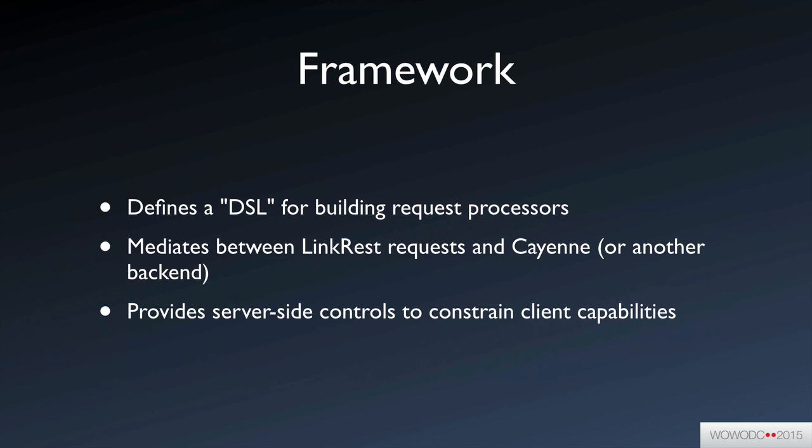Finally, it provides server-side controls to constrain client capabilities. And this is what I mentioned just a minute ago. The client can do too much. So on the server, you really need to control that, to restrict it. The framework gives you the tools to do that, and it's your decision how you actually do it.